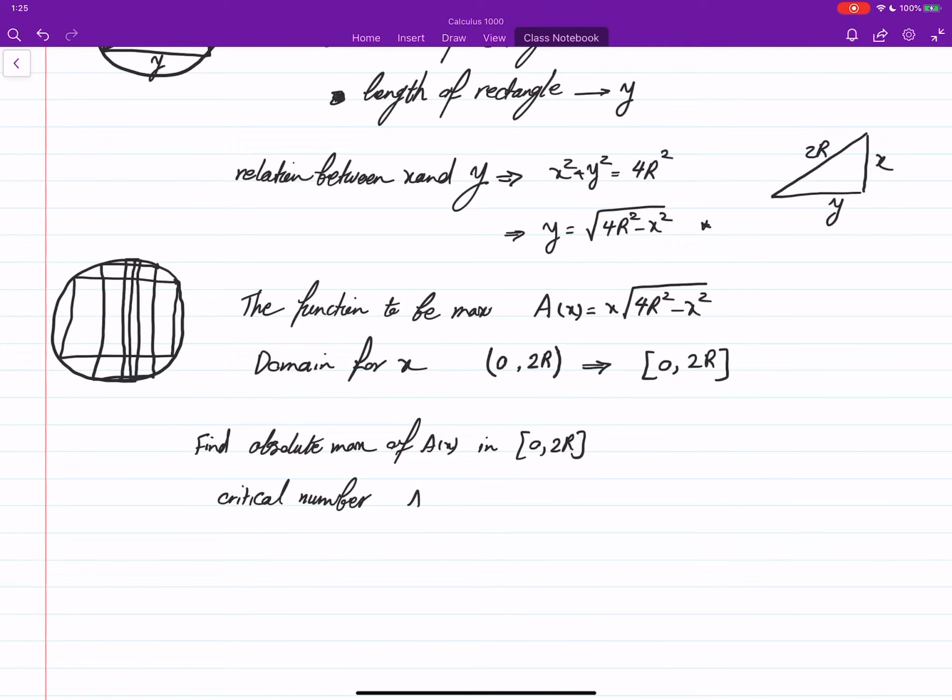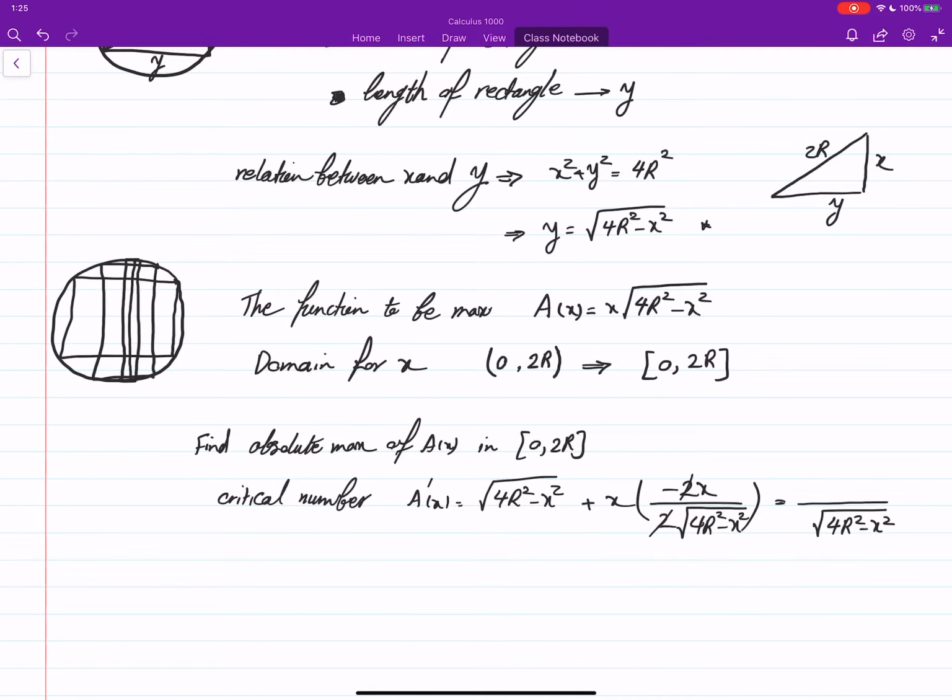So A prime of x is going to be, just using the product rule, the square root of 4r squared minus x squared, plus x times minus 2x over 2 times the square root of 4r squared minus x squared. Well, we need to simplify this. First of all, we can cancel that and then find a common denominator.